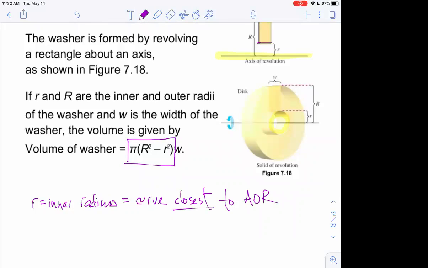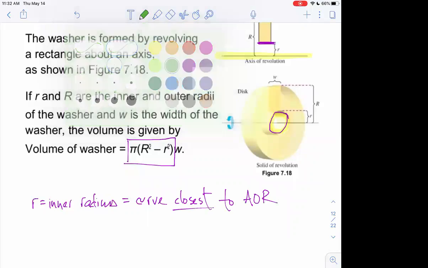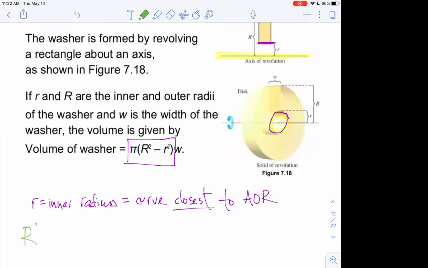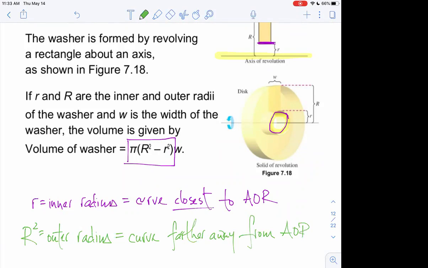So like this curve right here is closer to the axis of revolution, and so that makes this hole in the middle. In contrast, big R equals the outer radius, and it is defined by the curve farther away from the axis of revolution.